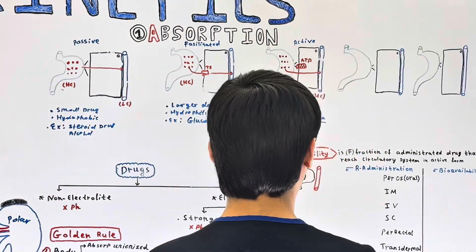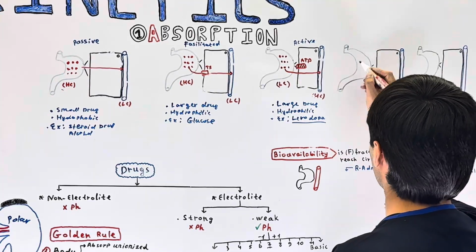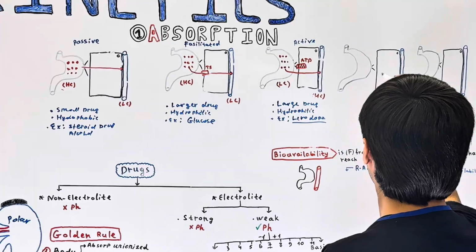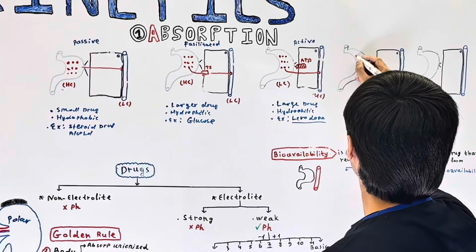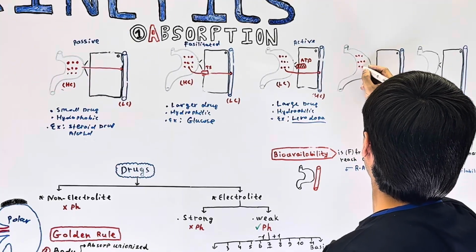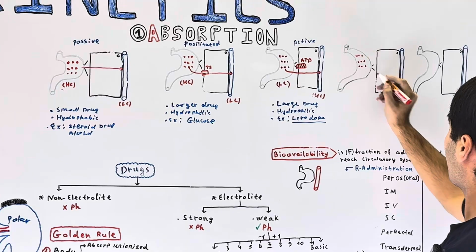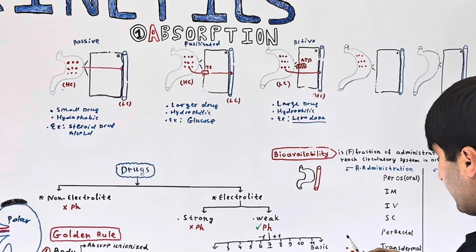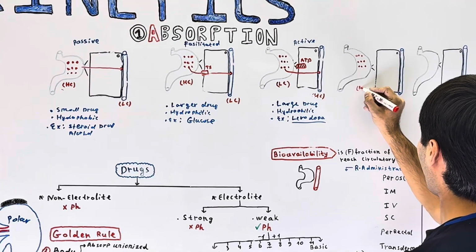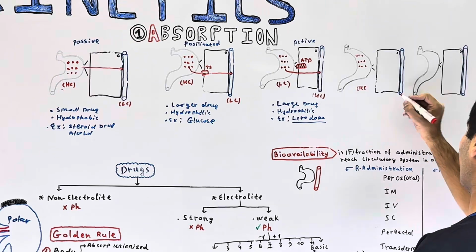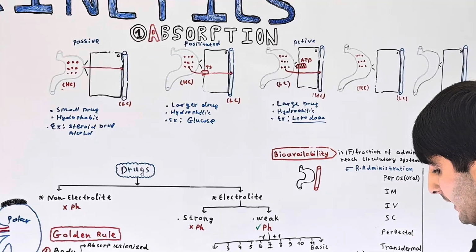So here we have again the drug in the stomach. Now this drug also moves from high concentration to low concentration, according to the gradient, not against it, but cannot pass directly.